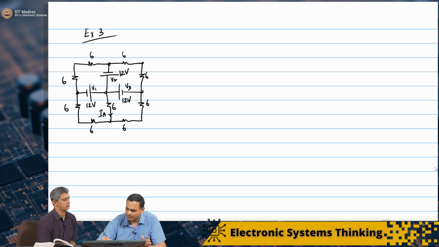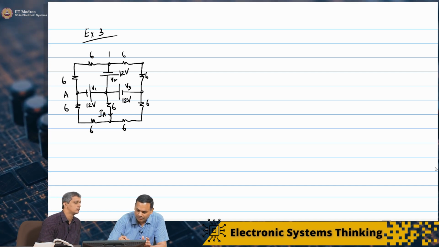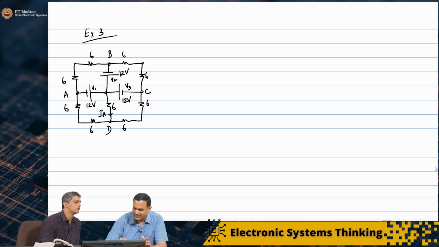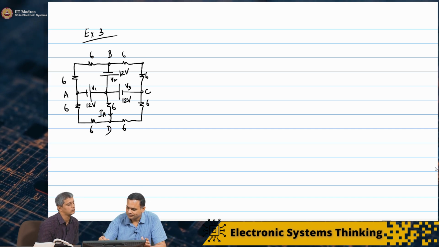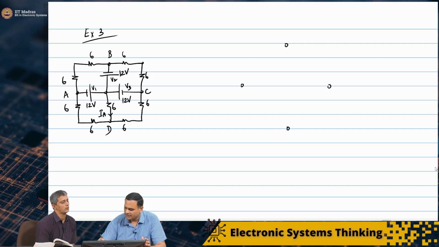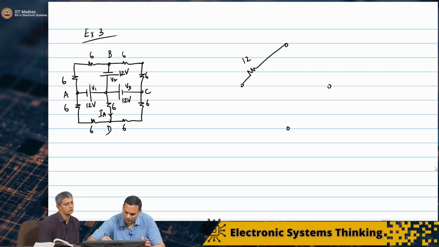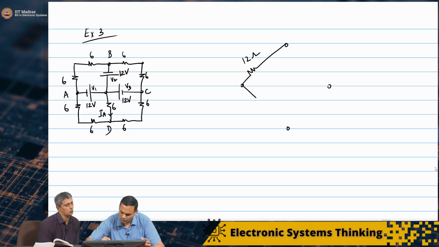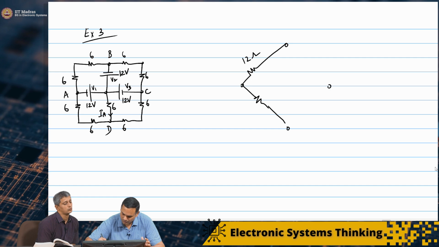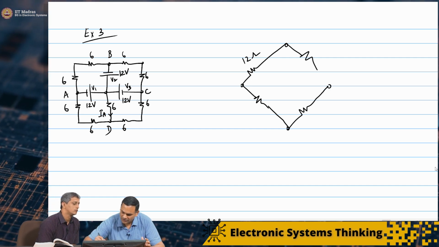So what I'm going to do, so A, B, C and D. I have 12 ohms here, 12 ohms here as well. So I have 12 ohms across each of those arms.